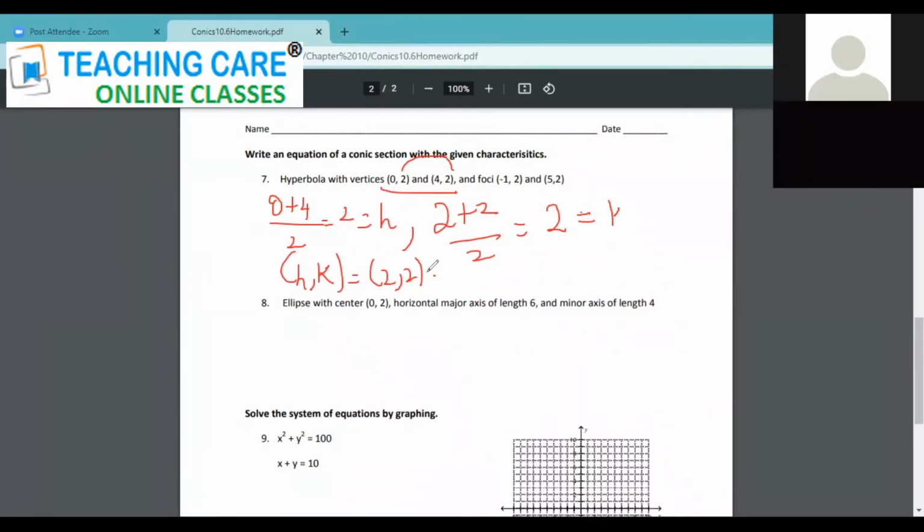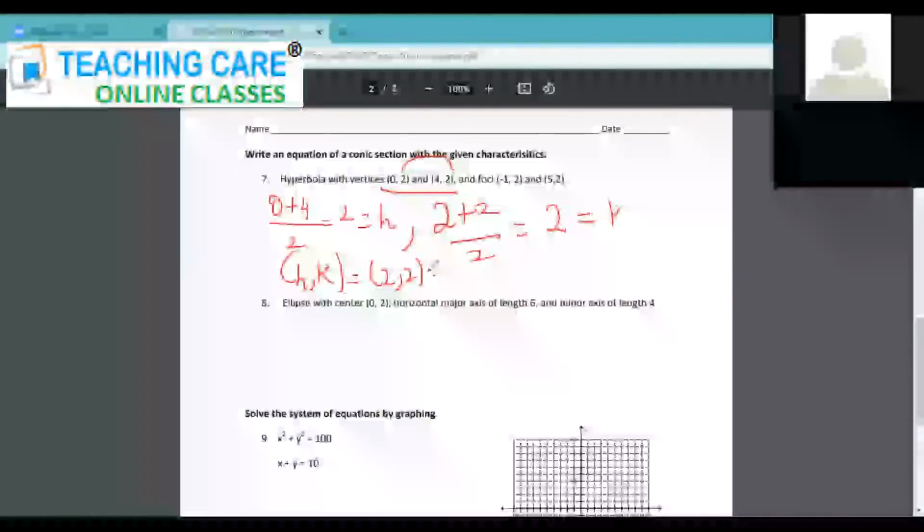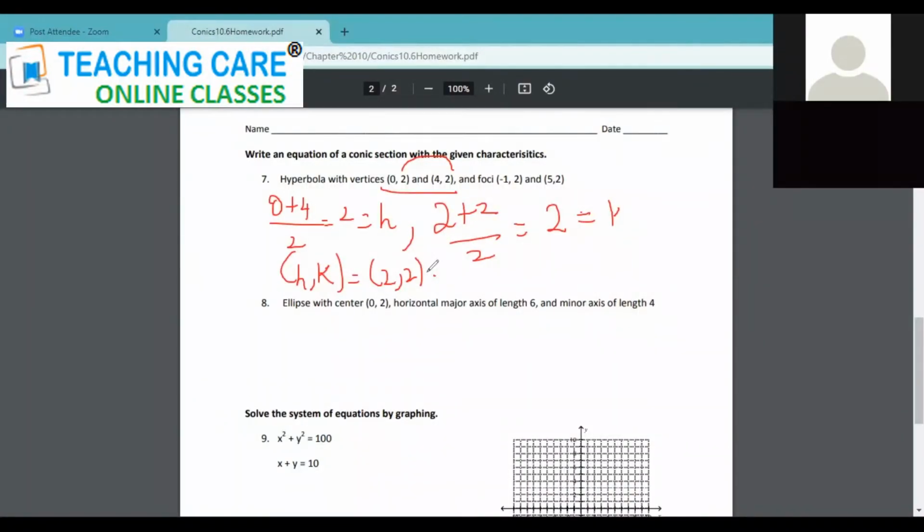We have to find the values of A and B here. It has given the foci to be negative 1 and 5, so let me make out the distance between both of them.